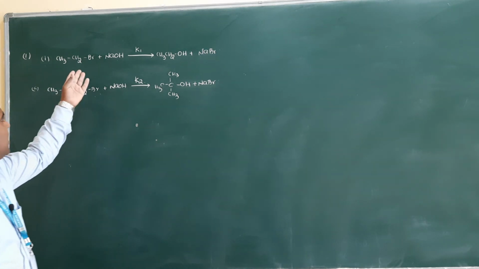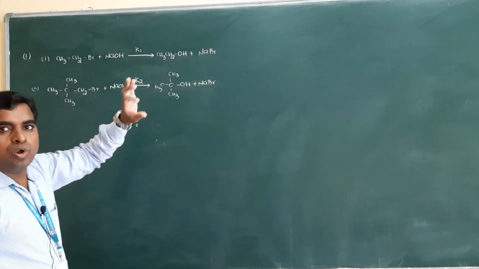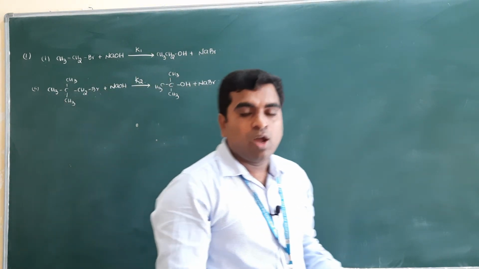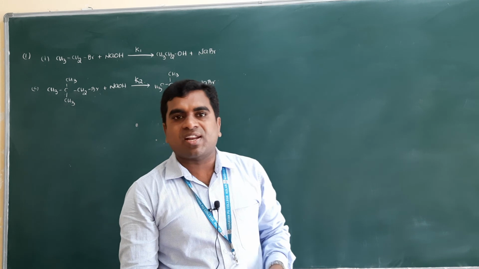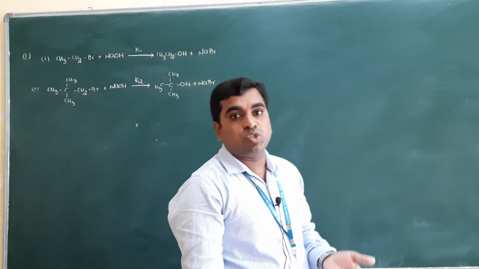You know that here bromine is replaced by the nucleophile OH. This is a nucleophilic substitution reaction, but we have two types: the reaction may follow the SN1 mechanism or the SN2 mechanism.